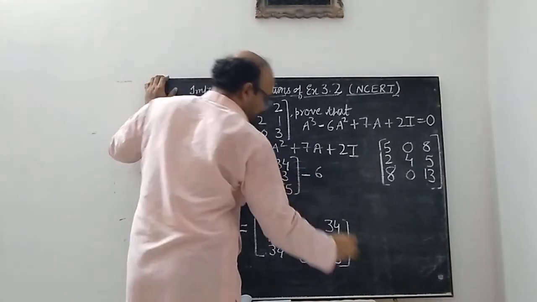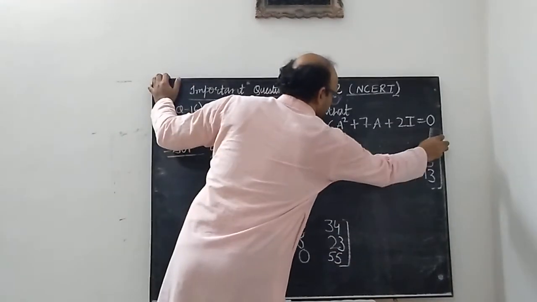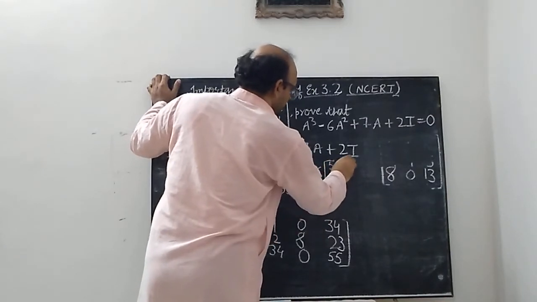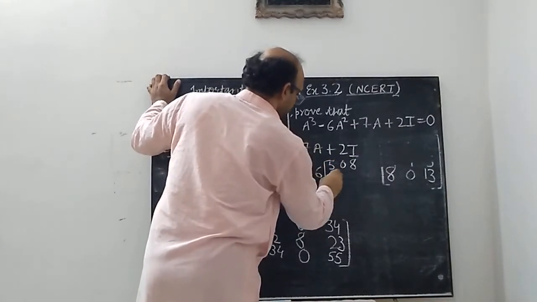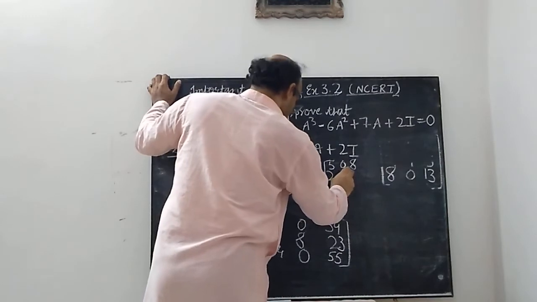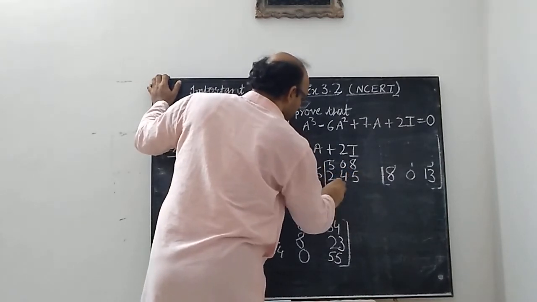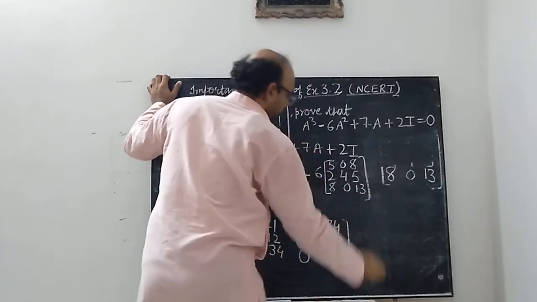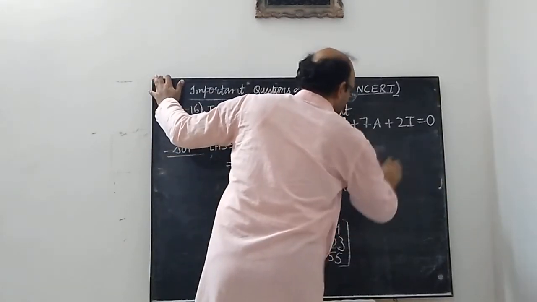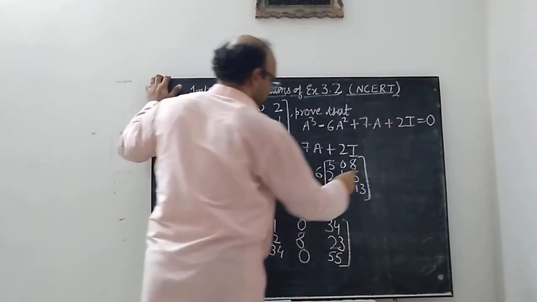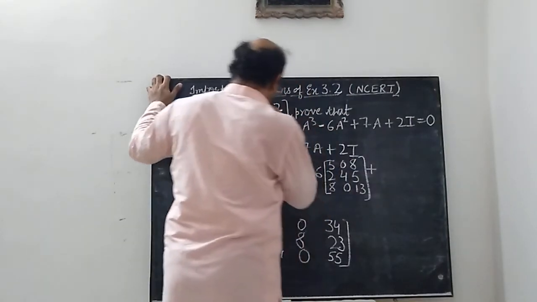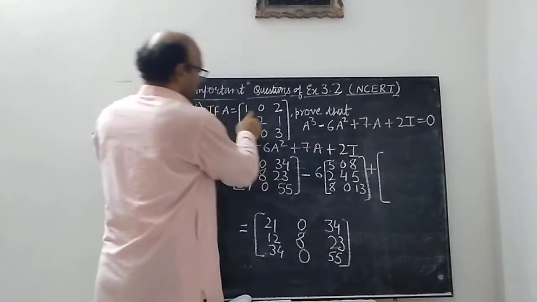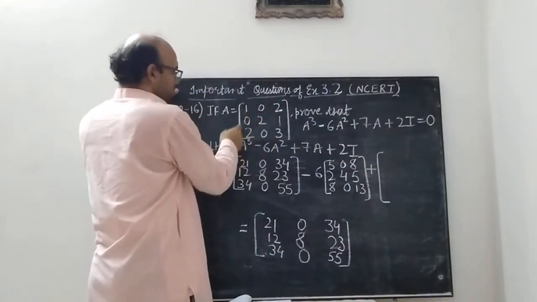Minus 6 times A square, it is 5, 0, 8; 2, 4, 5; 8, 0, 13, plus 7 times A. We are multiplying this matrix by 7. We will be multiplying each element by 7.